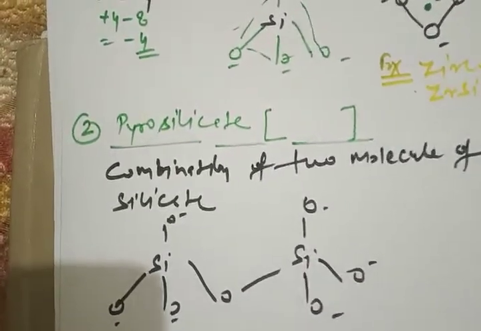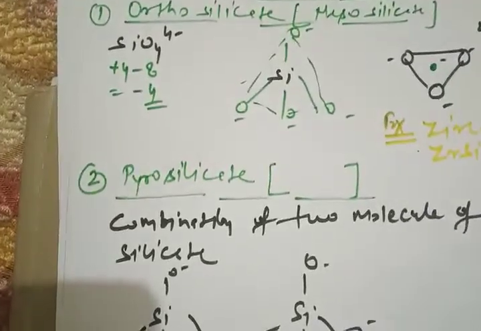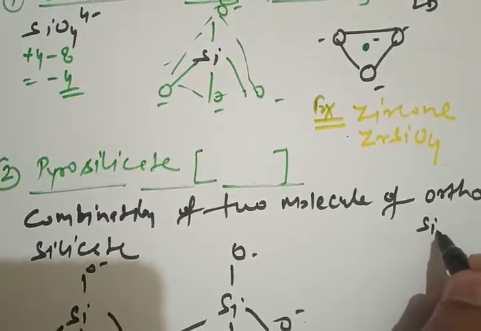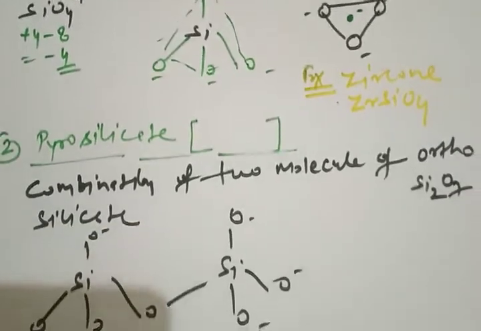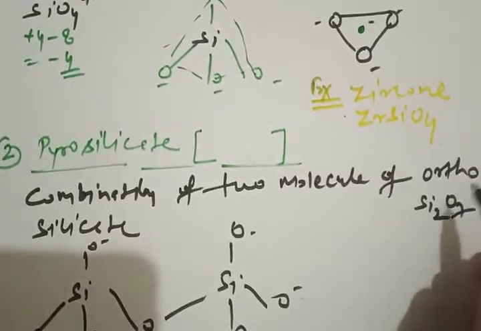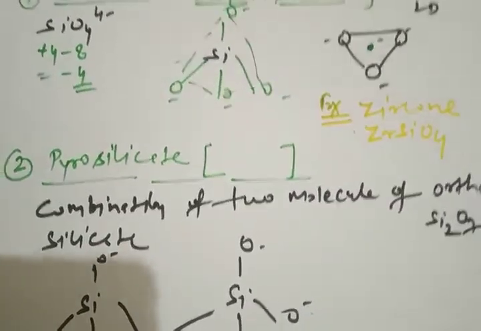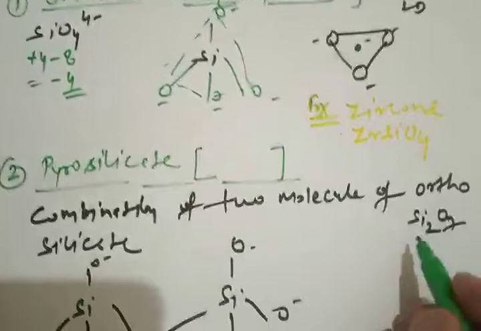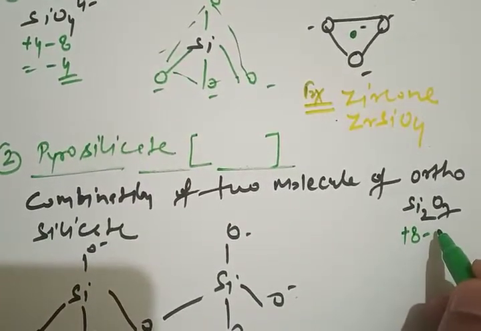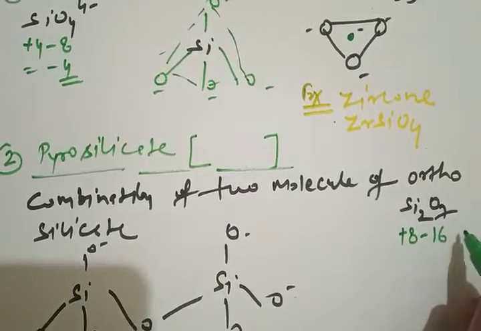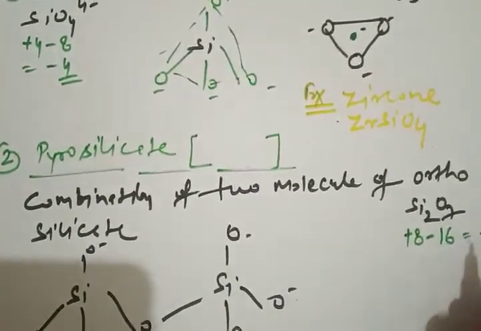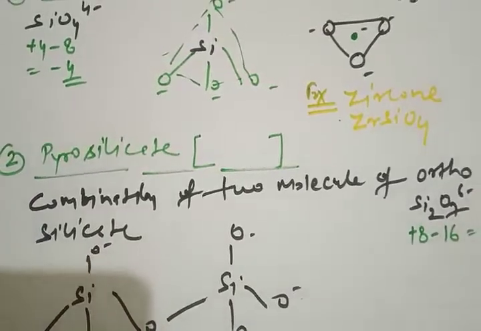Here Si2O7, one oxygen will be skipped out while adding these two molecules. So Si2O7, and what is the charge on this? We can easily identify it. +4 for silicon, so this will give +8. -2 for oxygen, so this will give -14. So this will give -6. So the charge on the pyrosilicate is 6 minus.